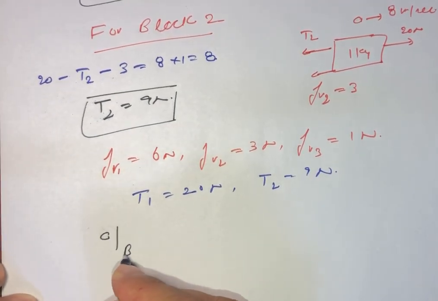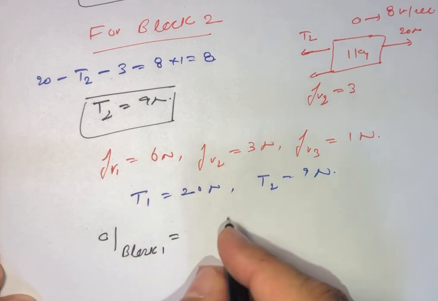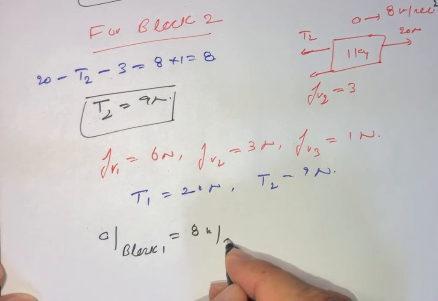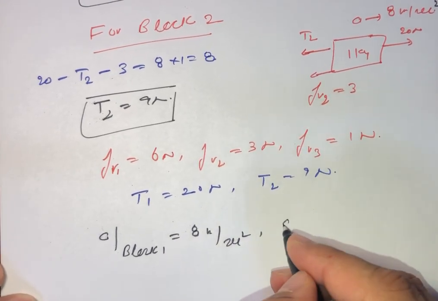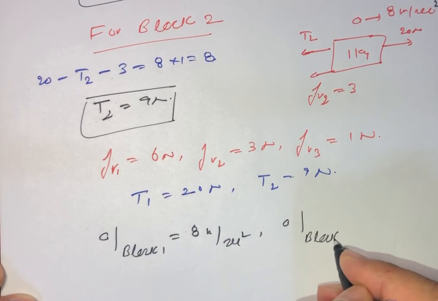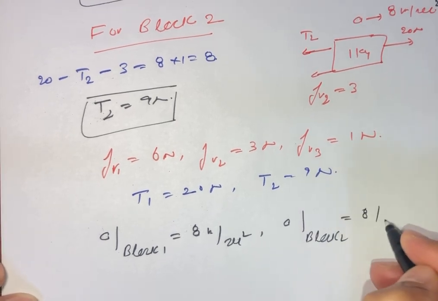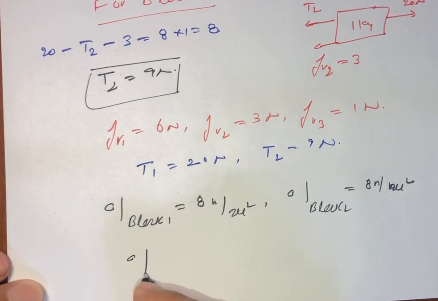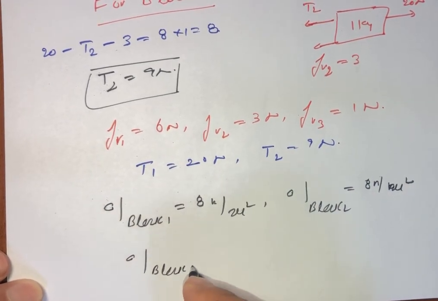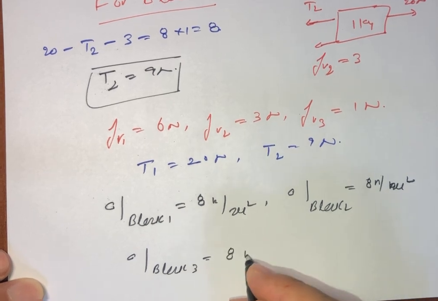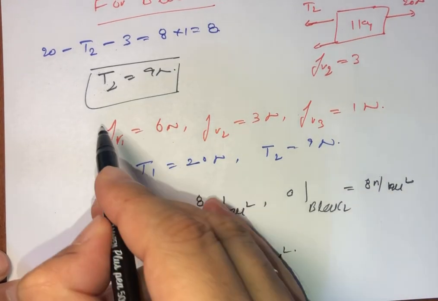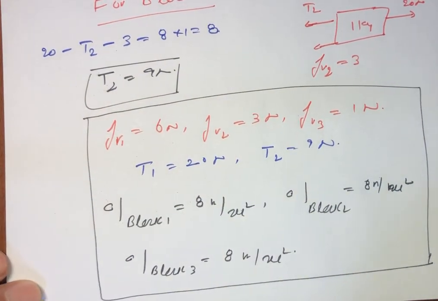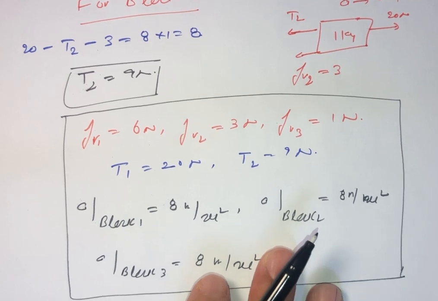The acceleration of block 1 is 8 meter per second square, the acceleration of block 2 is also 8 meter per second square, and the acceleration of block 3 is also 8 meter per second square. So this completes the whole question. Thank you.